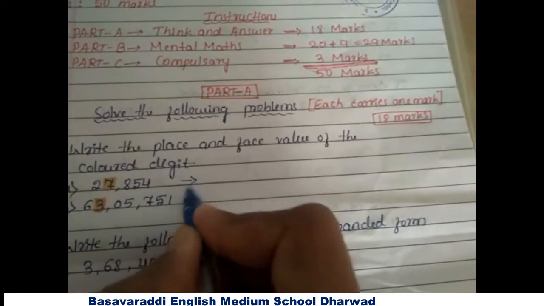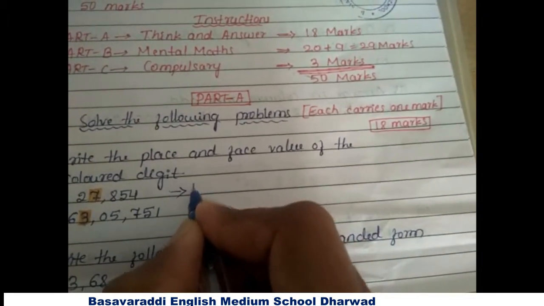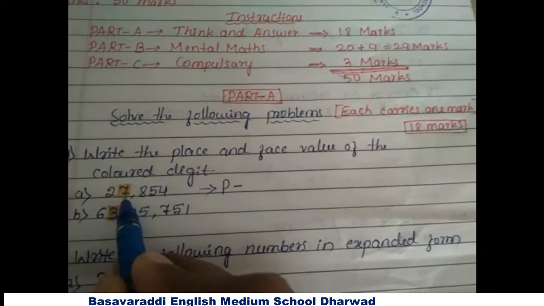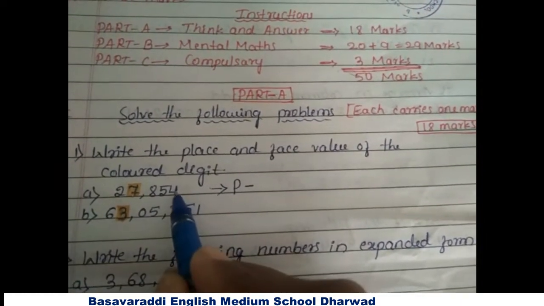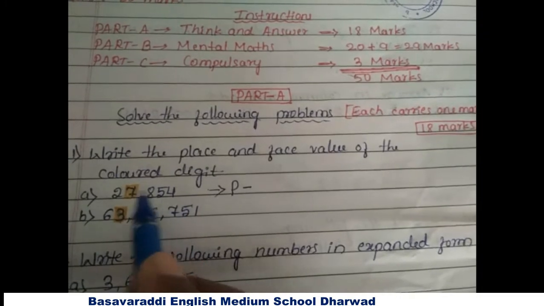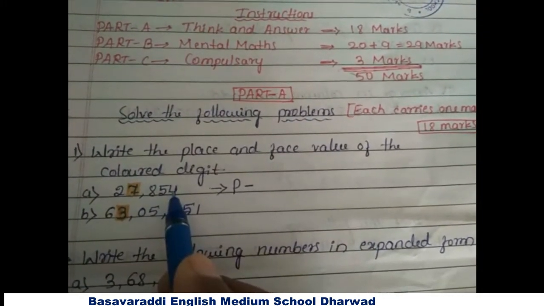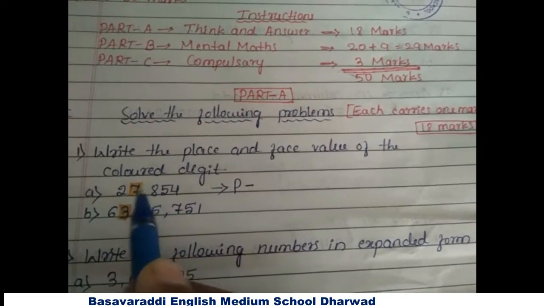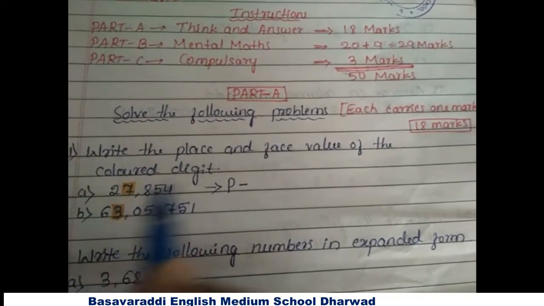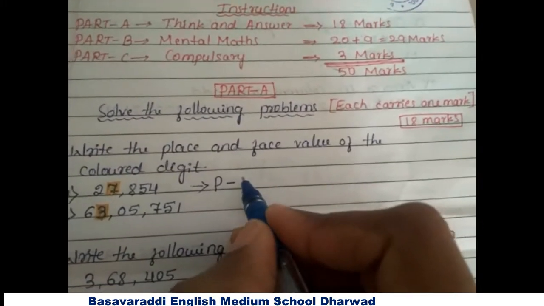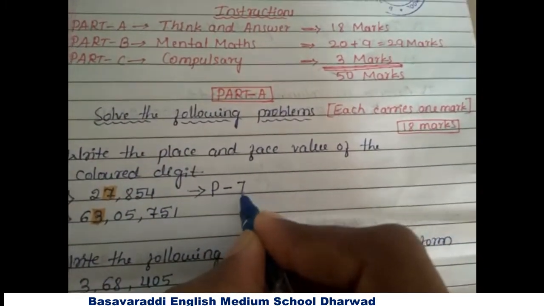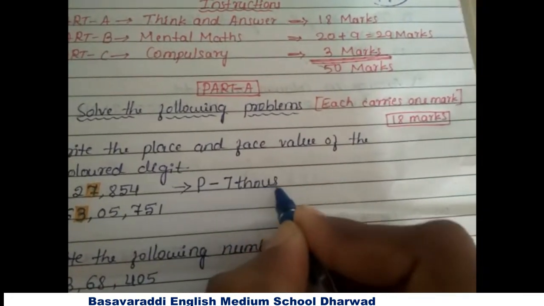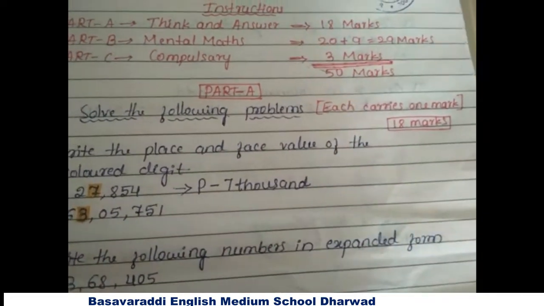The first place value, the colored digit, is 7. Place value means the respective place. 4 is in ones place, 5 is in tens place, 8 is in hundreds place, 7 is in thousands place. So write the place value of the colored digit 7, that means 7,000.